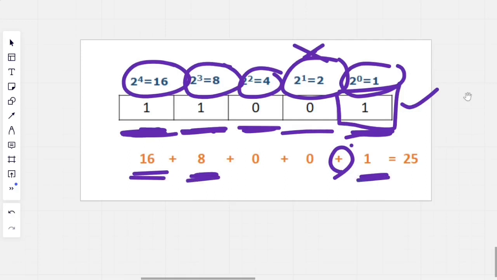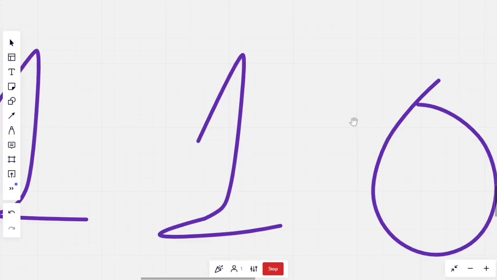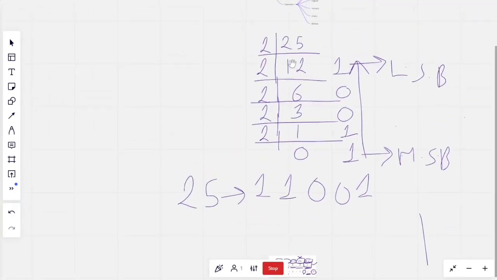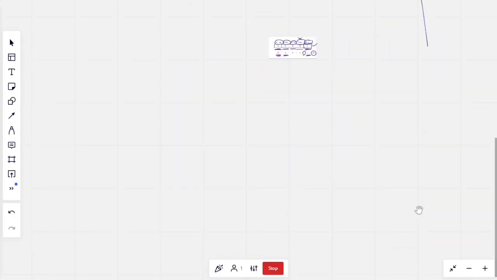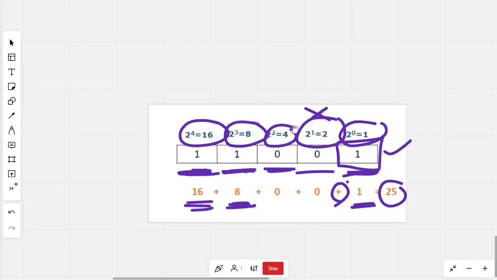When you add 16 and 8 with 1, you get 25, which is actually true, right? Let me zoom out. As you can see, we have the binary number of 25 as this, and we have verified that it is correct. So this is how you convert from binary to a decimal number. I hope this is all clear.